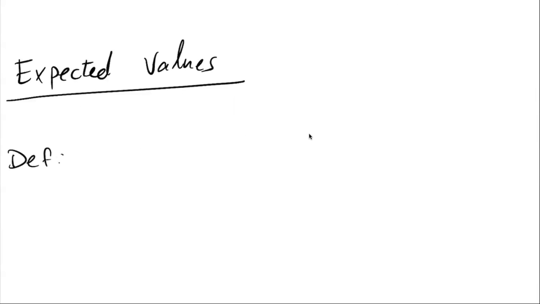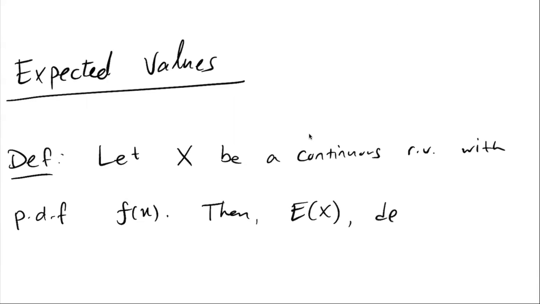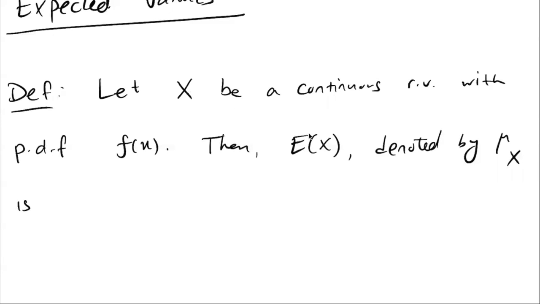Definition: let X be a continuous random variable with, let's say, PDF small f of X. Then the expected value of X, also denoted by mu sub X, is defined as follows.